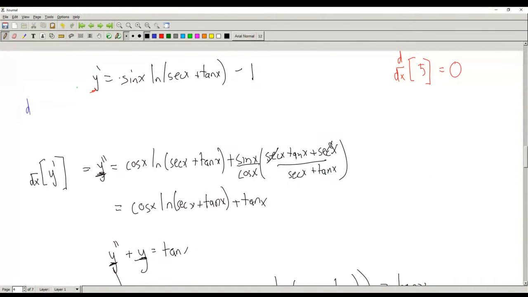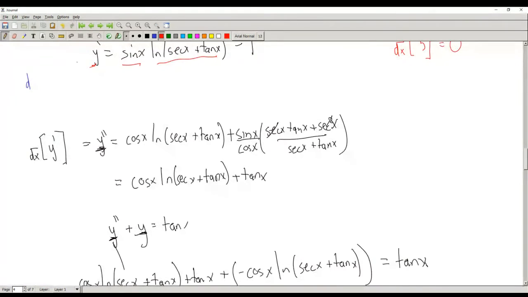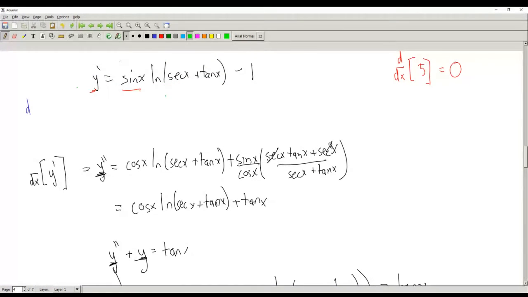So when we are doing the derivative of this, we are once again going to be looking at product rule. So derivative of sine x is our cos x, so that's our f prime, and then our g becomes that.